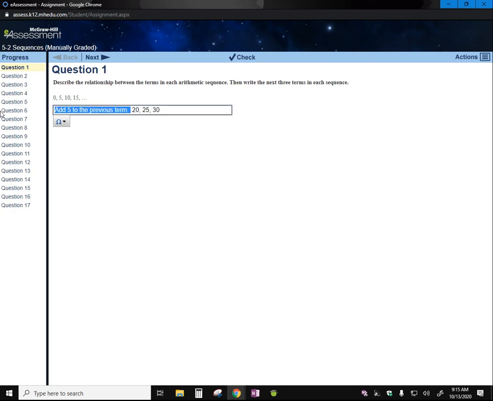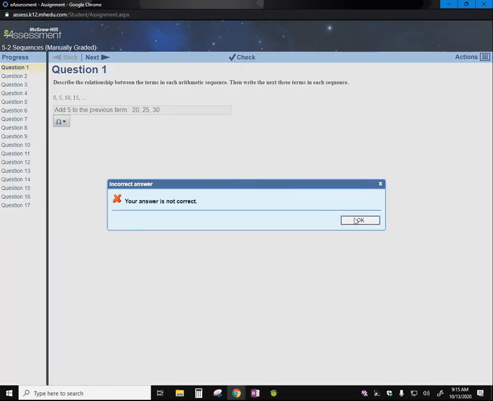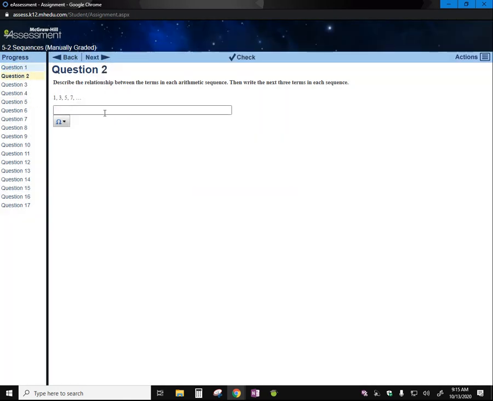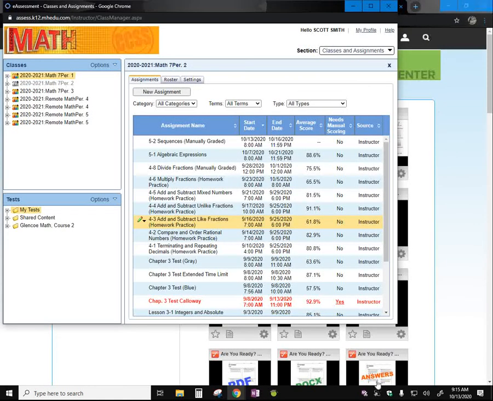What do you press there? Control C for copy, Control V for paste.